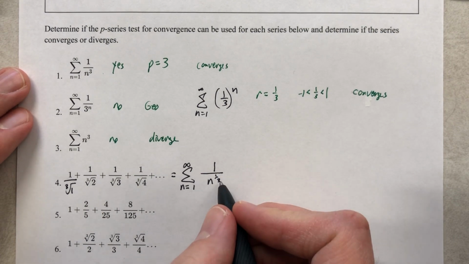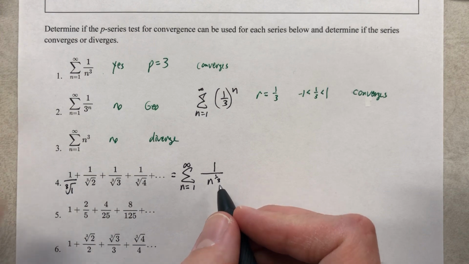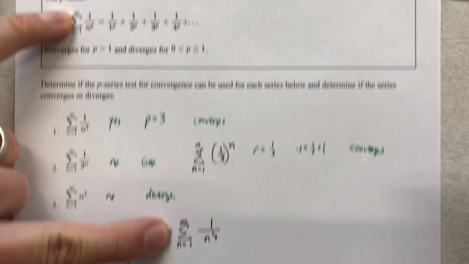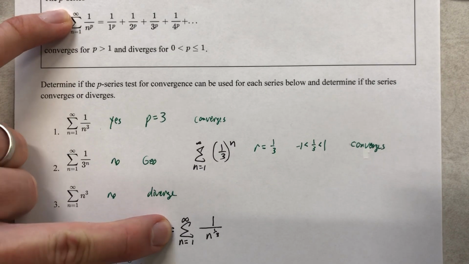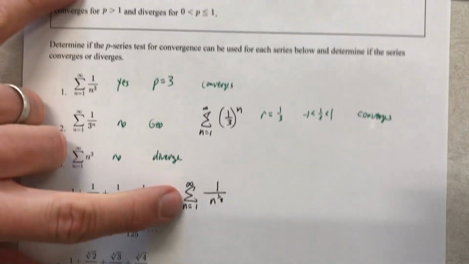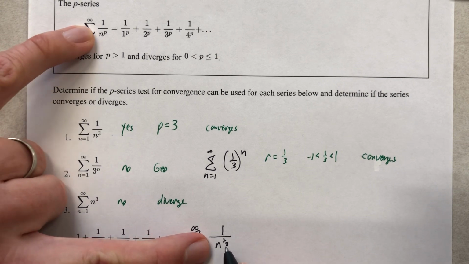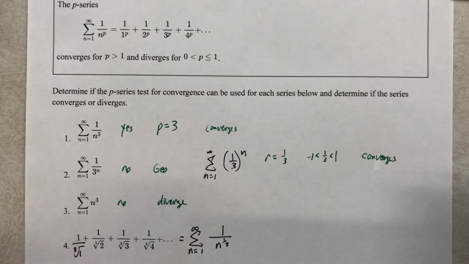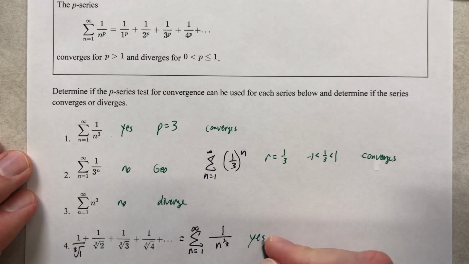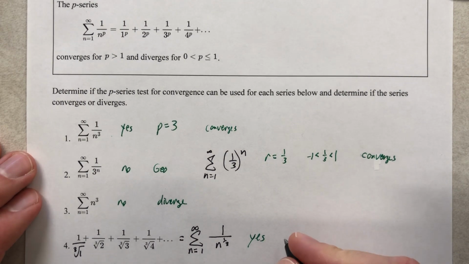Well, n to the 1/3 power is of this structure. I'm running out of space. Once I get to the bottom one, I want to ask, are they the same? So the n is the denominator, and it's raised to a power. So yes, this is a p-series. Let's decide what p is. P is the exponent. It's 1/3.